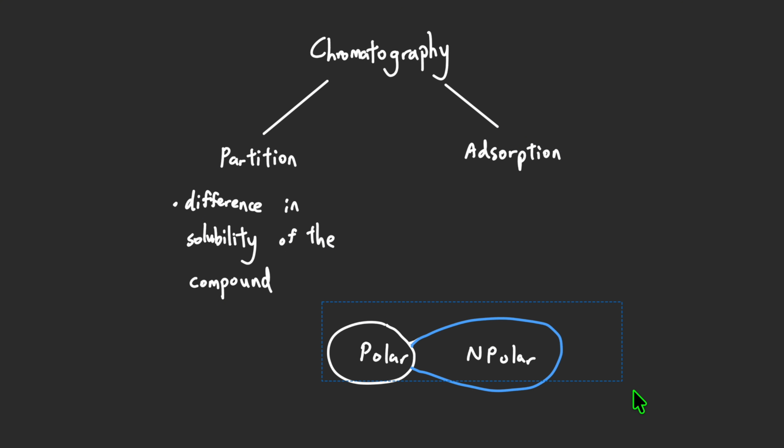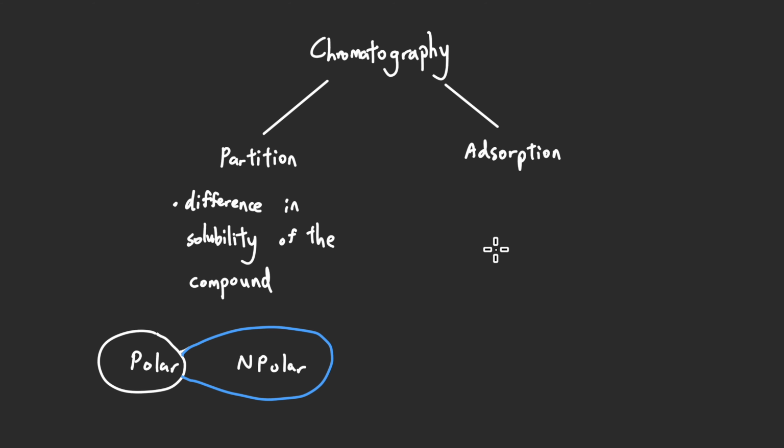While on the other hand, adsorption is when a solid molecule, as I said just now, is adhesive to the liquid surface, so it will attach or stick to the liquid surface, and hence the other part of the molecule, for example the non-polar part, will move through the mobile phase.